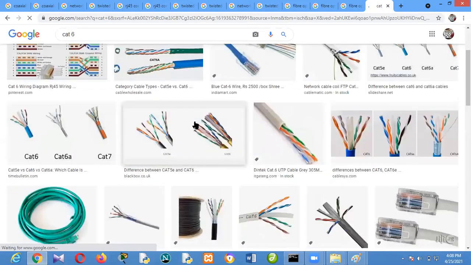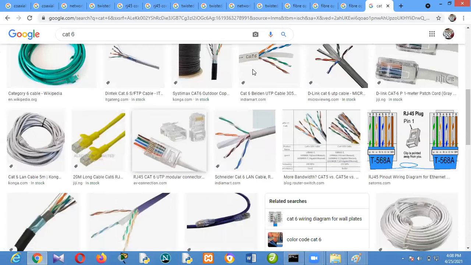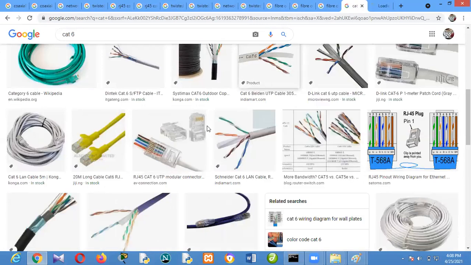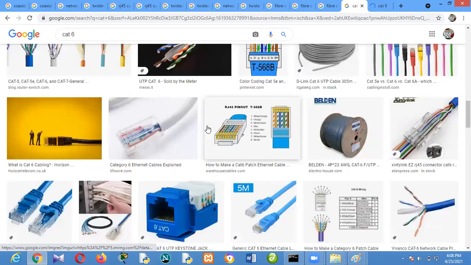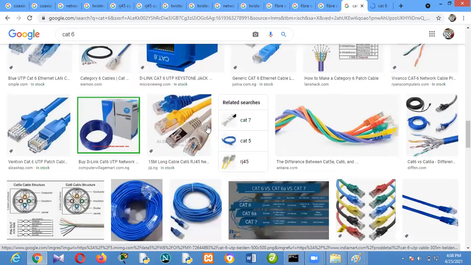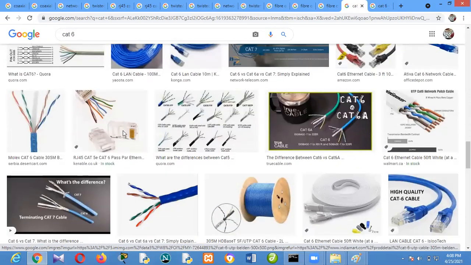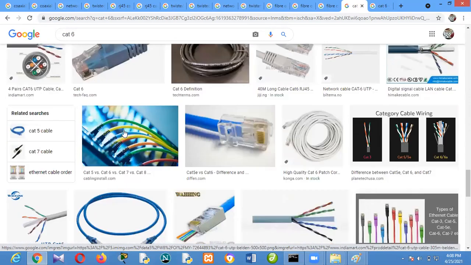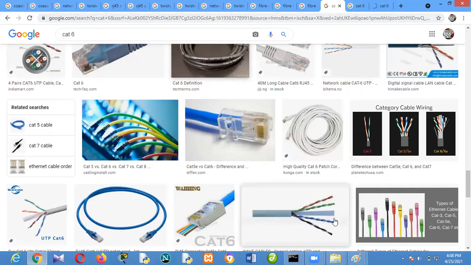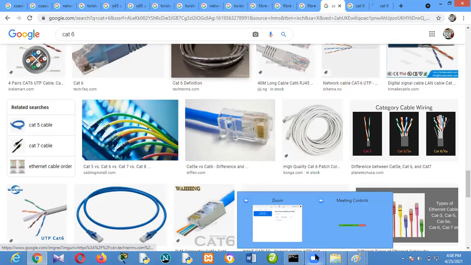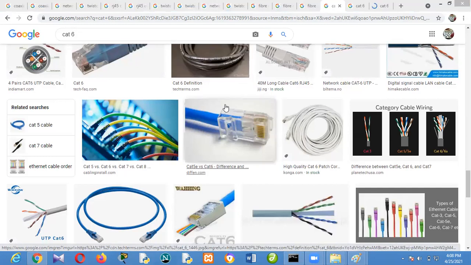Just as when you buy an electrical cable, when you look at it, you see some write-up on the cable. You can read some things about the cable. So the same thing is applicable in our own as well.